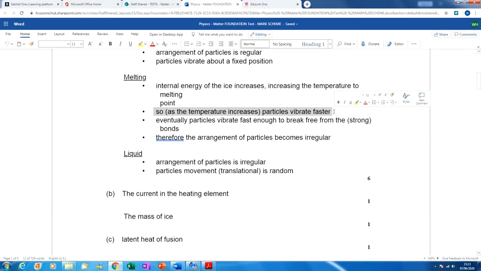I didn't say that, so there's credit if you did, and I should add it to my script. The particles vibrate fast enough to break free from the strong bonds, so there's good marks for that. Therefore the arrangement becomes irregular. So in a liquid the arrangement is irregular or not ordered, and the particle movement is random.